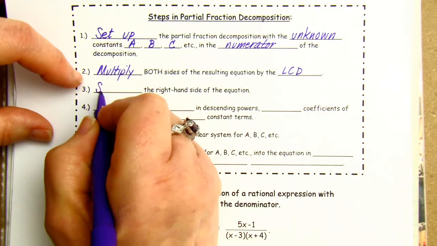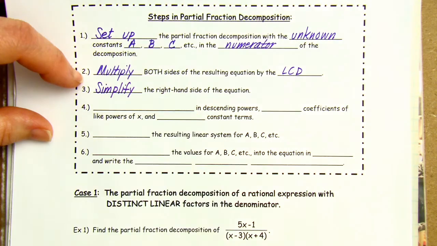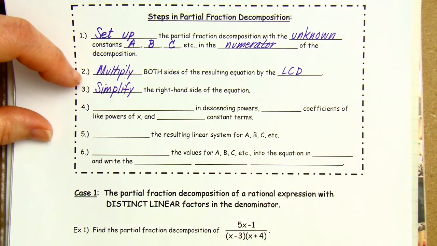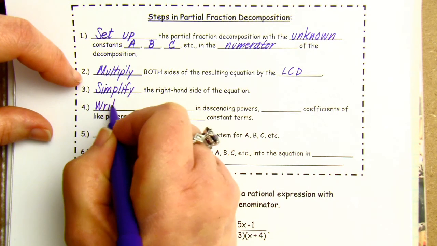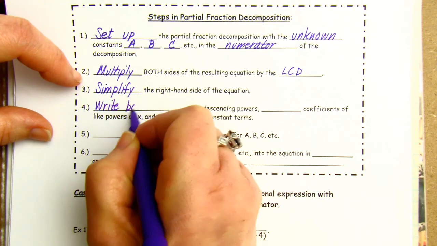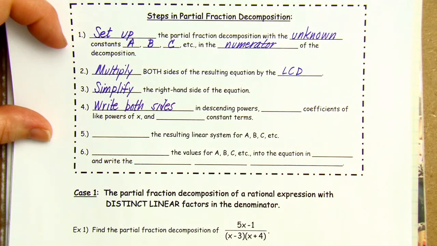We must simplify the right-hand side of the equation. We will then write both sides in descending powers.